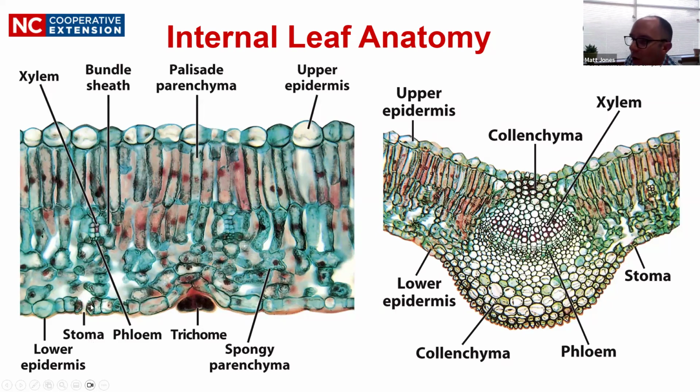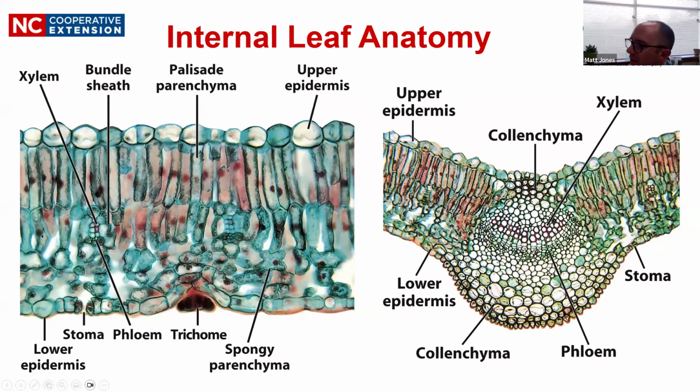But this is not only where water evaporates, as I mentioned, this is where carbon dioxide enters. So the lower half of the leaf tends to have a spongy structure. So the cells are more scattered in appearance. There's lots of air space in between, and that is to encourage diffusion of carbon dioxide. That way, all the cells that are intercepting light also get carbon dioxide to undergo photosynthesis.